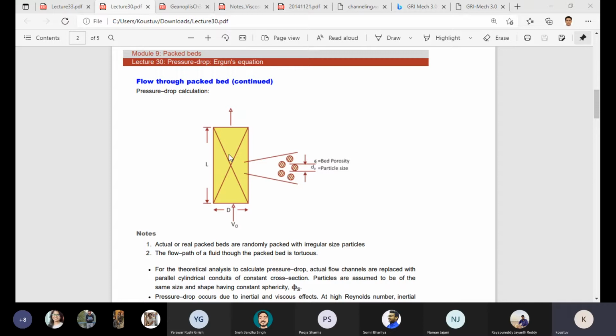So these two together, packed bed and fluidized bed, are very common operations. That is the main thing in the chemical engineering industry. So one must understand the hydrodynamic or fluid flow part, how the flow happens and what considerations one needs to make.